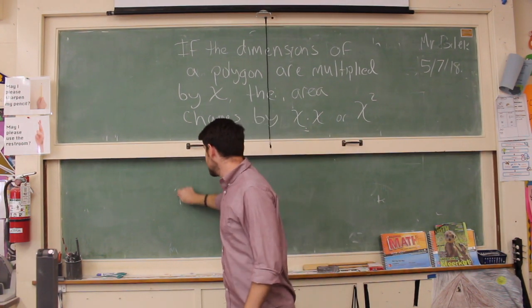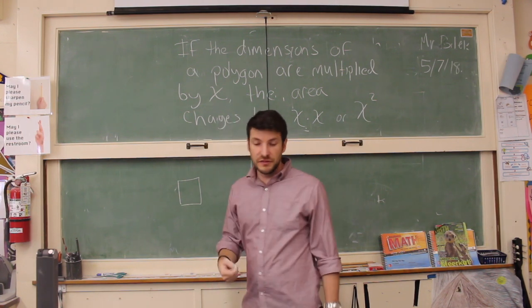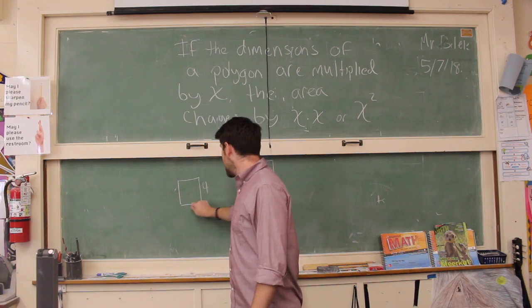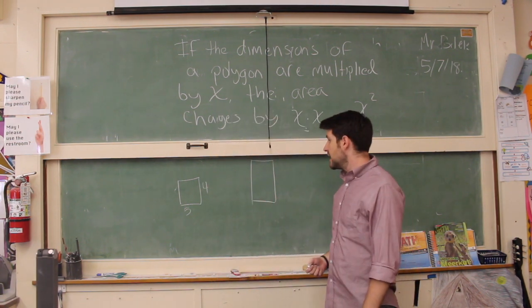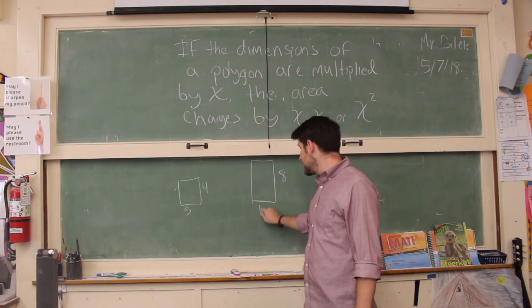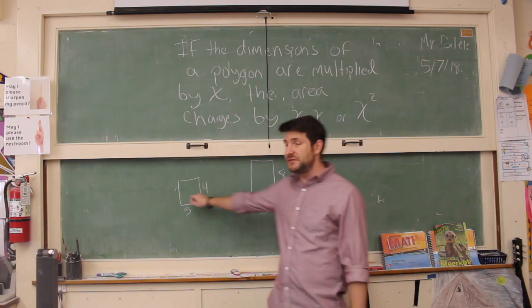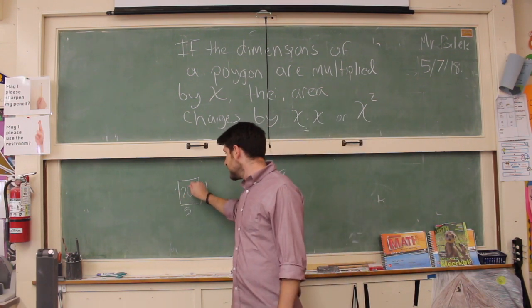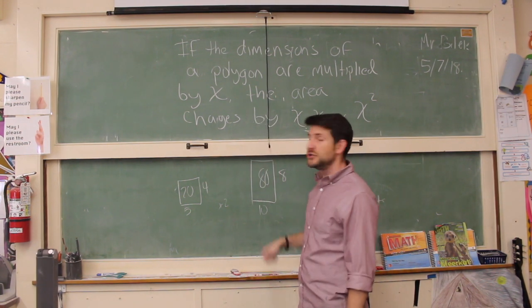We have two rectangles here. This one has dimensions 4 and 5. I want to take this and double it. 8 and 10. I've multiplied everything by 2. The area of this rectangle is 20. The area of this one is 80 units squared.